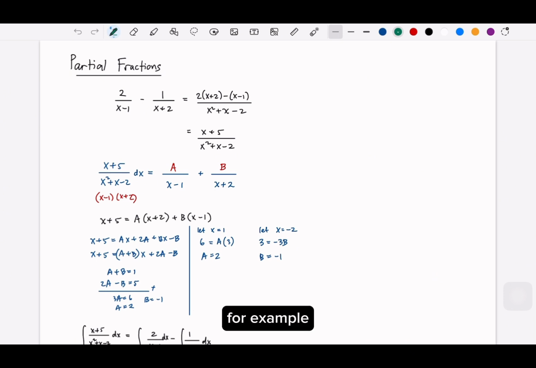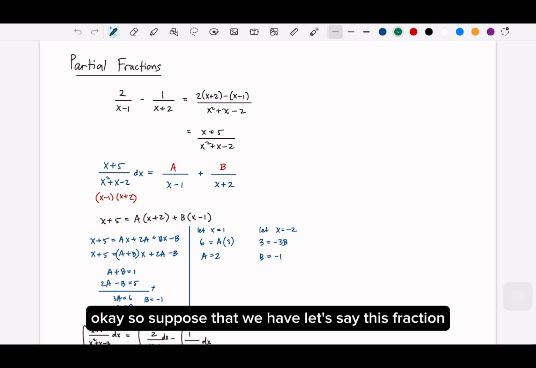For example, let me write first. This is what we call partial fractions. Okay, so suppose that we have, let's say, this fraction, and then maybe we have a minus with this, okay?